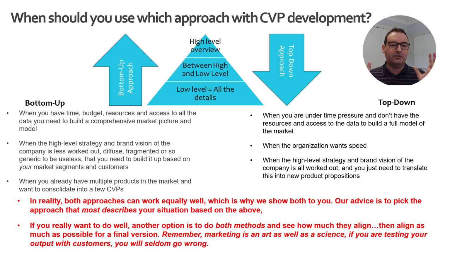So if your high-level strategy and vision are just very vague, as a lot of companies are, you're better off working just with the data, because you can figure out how big is the market, how big are the segments, where do I need to go, because the high-level strategy is too vague to be useful.